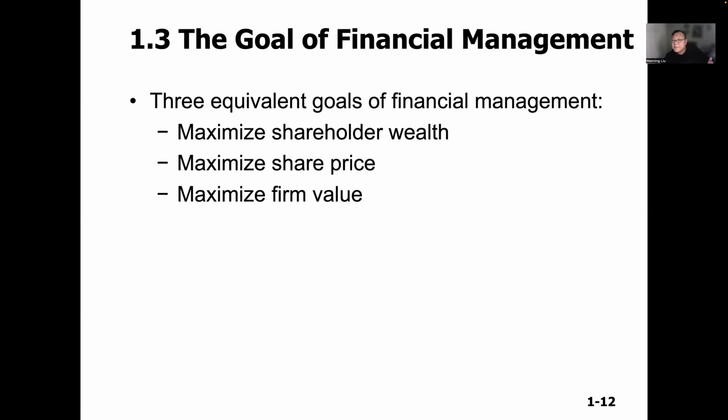So how can you maximize the firm's value? Well, you can maximize the profit, or you can minimize the cost. These are all ways to try to increase the firm value. So you can see these goals are actually equivalent goals.